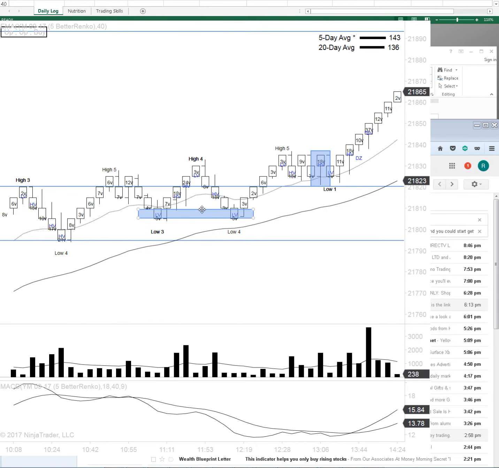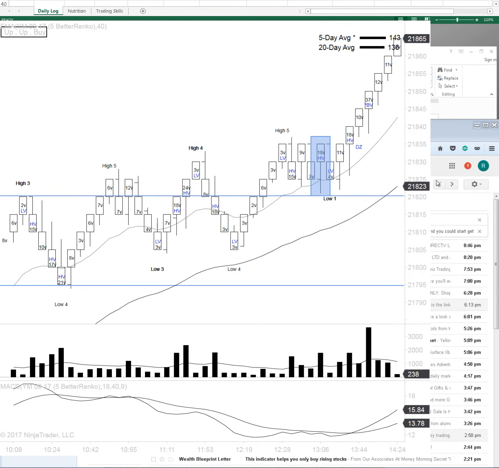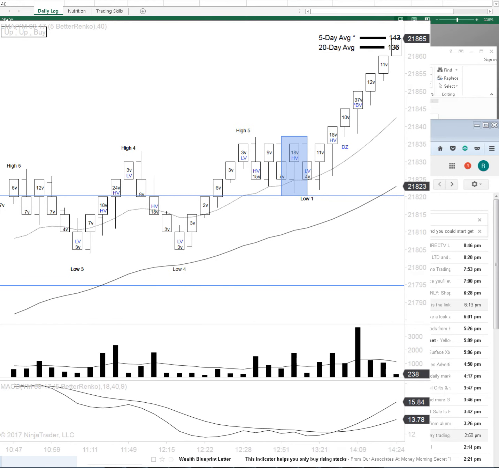As you can see on this chart, any chart will do. Okay, this was a resistance level. This top right here at around 21,830. So yeah, 21,830, and what happened? Market went back to that level.